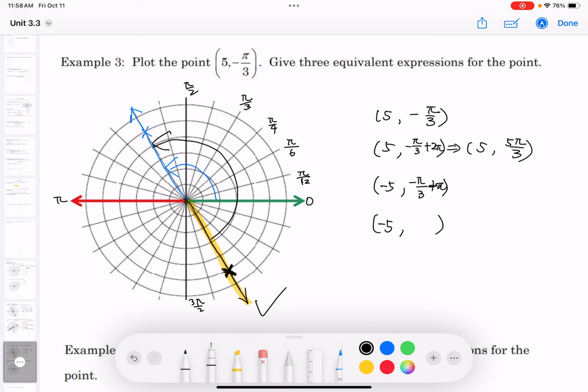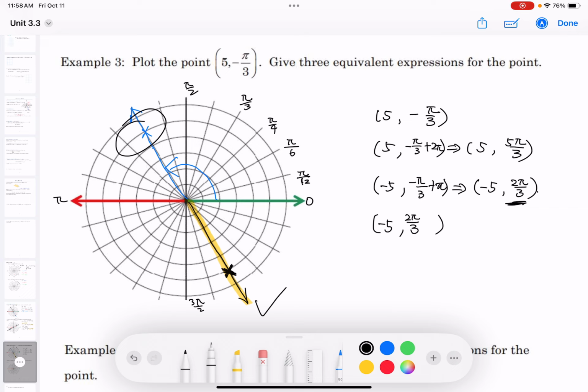So I can find my terminal side, which is the opposite. Okay, so messy. And then this point is (-5, 2 pi/3). So last one, we need to find the coterminal of the point here. So the coterminal of this point is 2 pi/3.